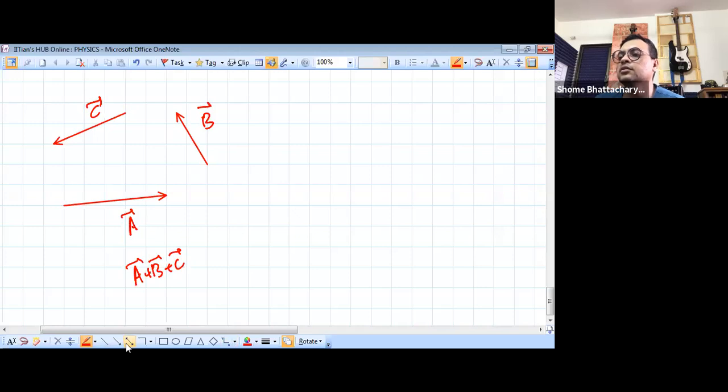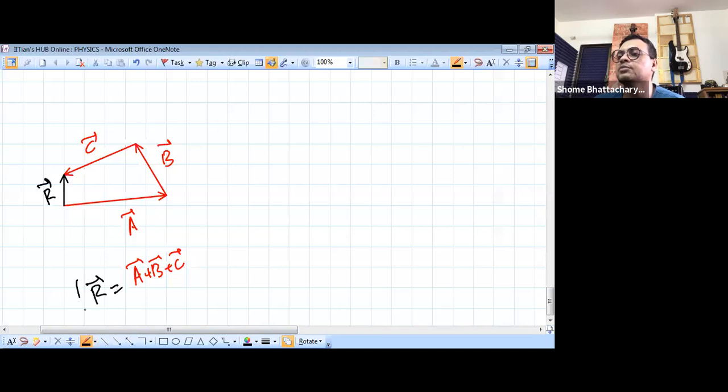It will be, put this vector now on top of this, okay, and put this vector now on top of this. Okay. So now we have completed the operation of A plus B plus C. So what is that operation equal to? It is equal to the vector joining the origin of the first vector with the head of the last one. So this will become the resultant over here. So this is the resultant of A plus B plus C.